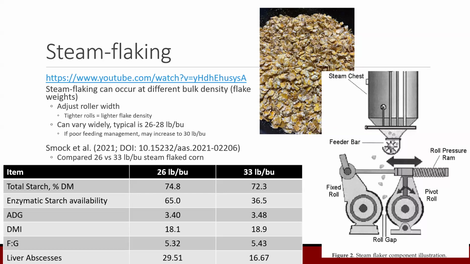So lighter flake weight means more starch availability. Fed that to animals, we didn't see any difference in average daily gain, but by feeding a more starch-available grain, dry matter intake was reduced, so that a lighter flake had better feed efficiency.